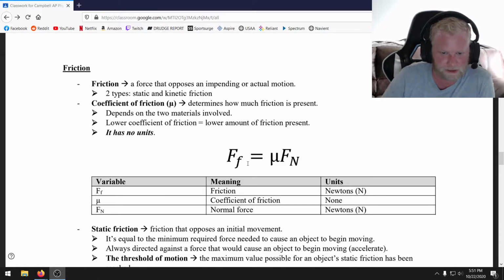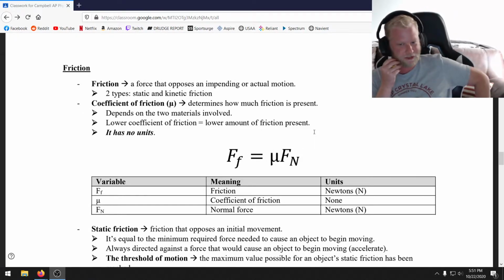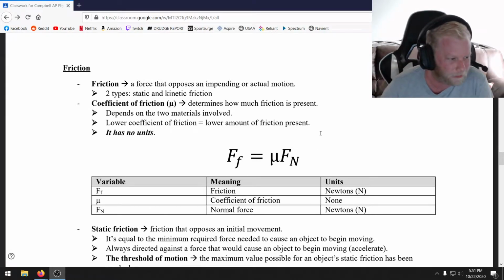Now, if we look at our equation for finding your frictional force, it is equal to the coefficient times the normal force. So your frictional force depends on what two materials are in contact and how hard the surface is pushing on the object.